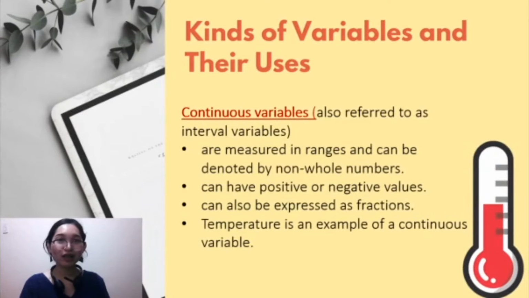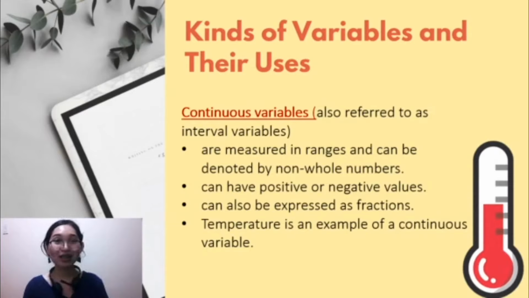Continuous variable, on the other hand, is referred to as interval variables. Okay, please do not be confused that when we are talking about continuous variable, it is the same with interval variable. So those terms, continuous and interval, are interchangeably used. These are measured in ranges and can be denoted by non-whole numbers.